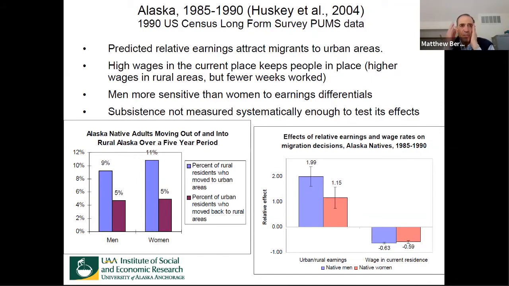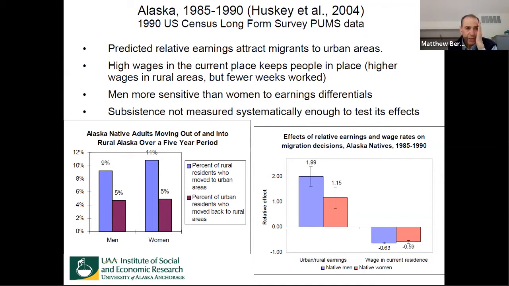Sorry, the first research that we did was with the public use sample, and this is with Lee Huskey. This shows the graphs, sort of what did we find? We see that there's a lot of mobility in both directions. We get about 10% a year of rural Alaskans who move to urban areas.